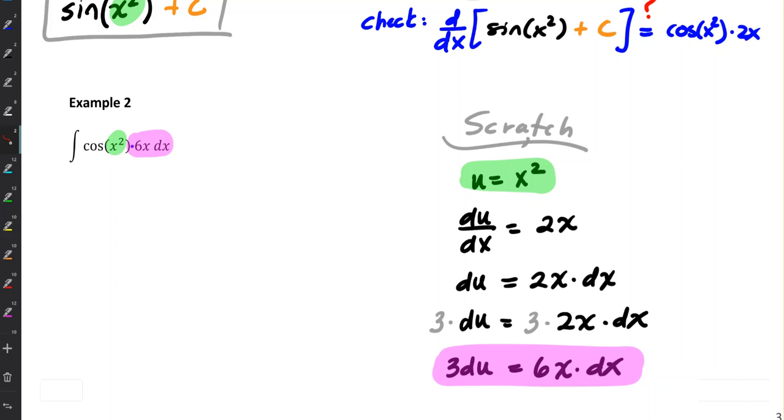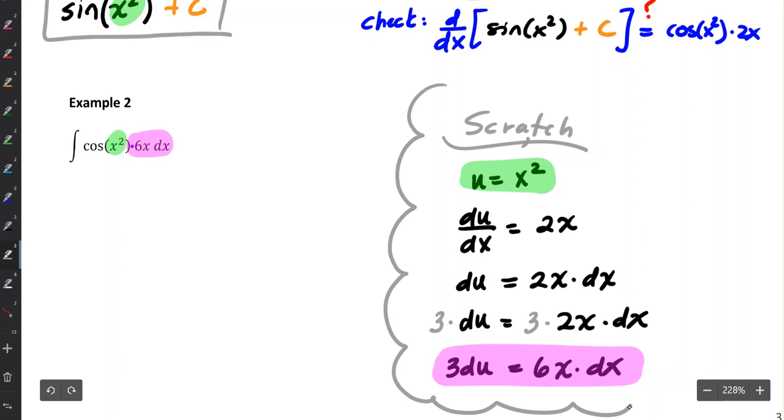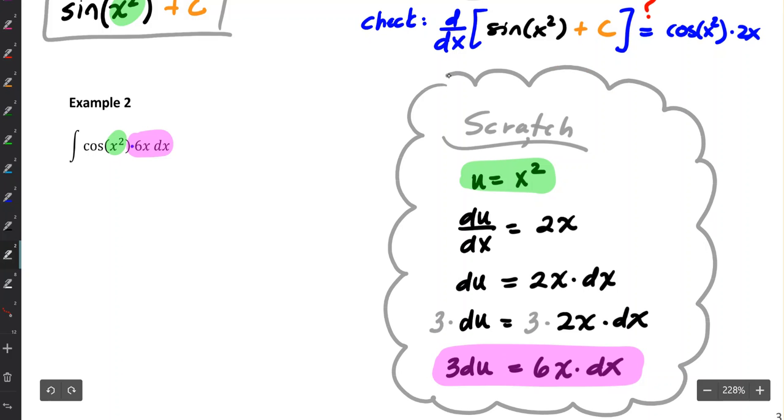The reason why I'm doing it this way is I'm really trying to emphasize chain rule, where we have times the derivative of the inside, or times a constant multiple times the derivative of the inside, because integrating a constant times a function is just the constant times the integral of the function. But it really is a matter of style, and this is really only our second one that we're seeing here, so please don't decide this is too complicated. You can do it. I know you can.